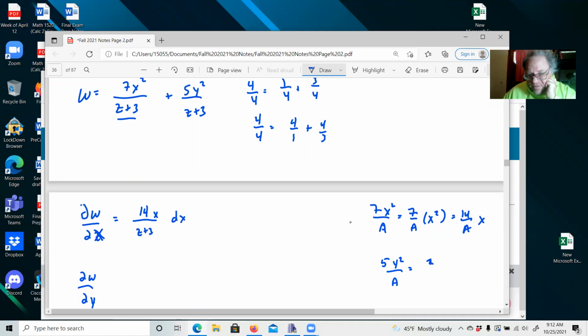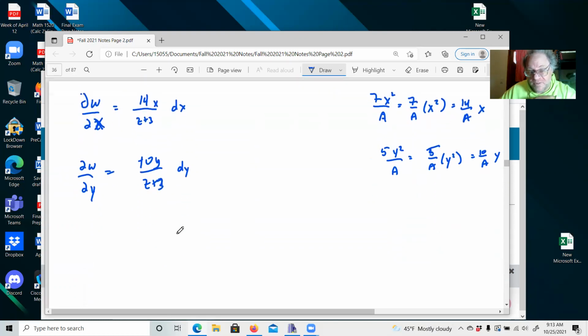And if I say we have 5 over a y squared, take this derivative, you're going to say, oh, well, that's 10 over a y. No problem. So this is going to be 10y over z plus 3. And then we're going to put a proper dy next to it, because eventually we're going to be calculating the total derivative. I'm doing this column right here.